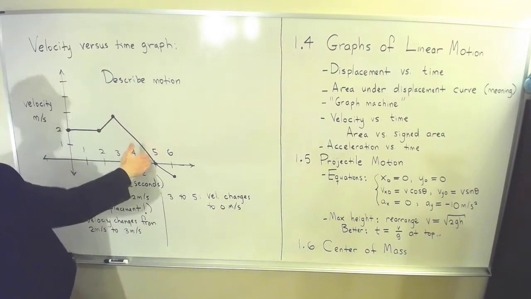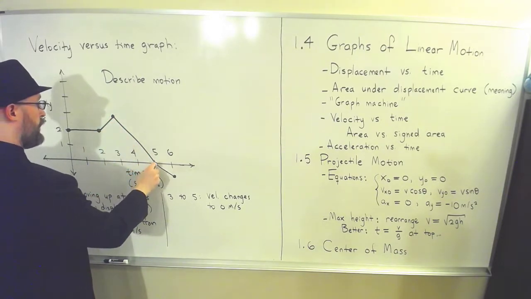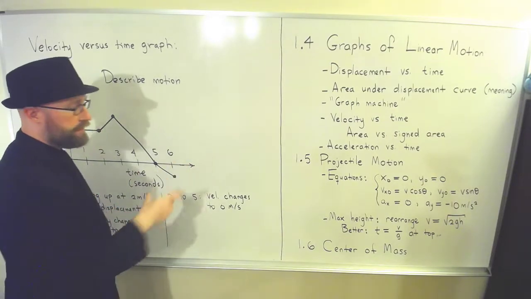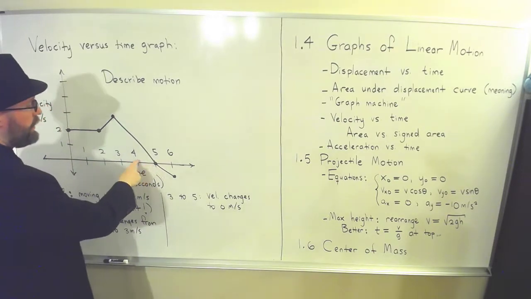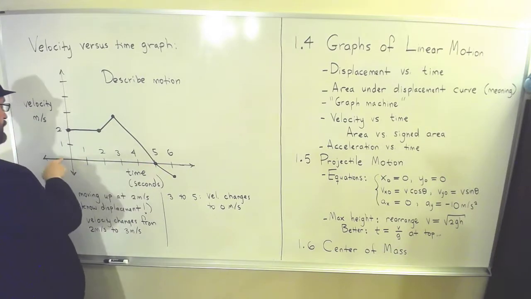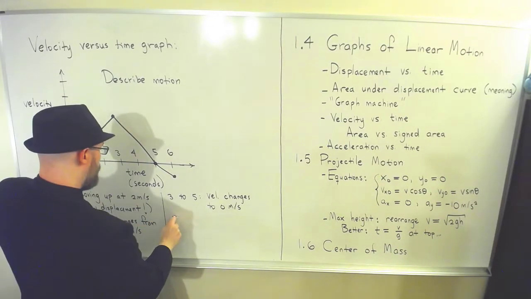So it slows down at a constant rate. It slows down and it stops. Remember on the last graph when it was stopped, that was where it was showing a horizontal value. Here it stopped, at least for an instant, when it hits the axis here, because that's when the velocity is 0. So that means a different thing. And then 5 to 6.